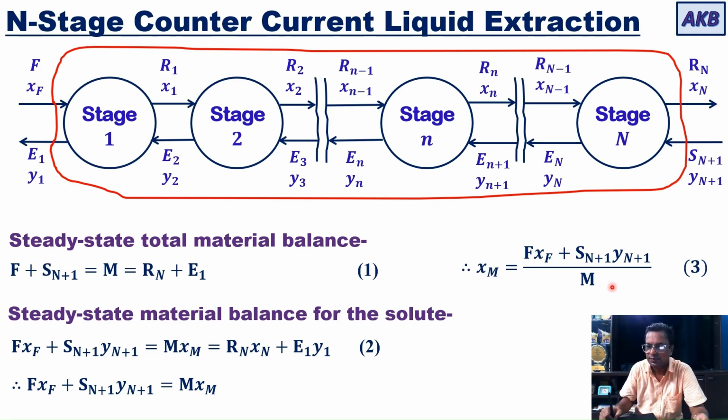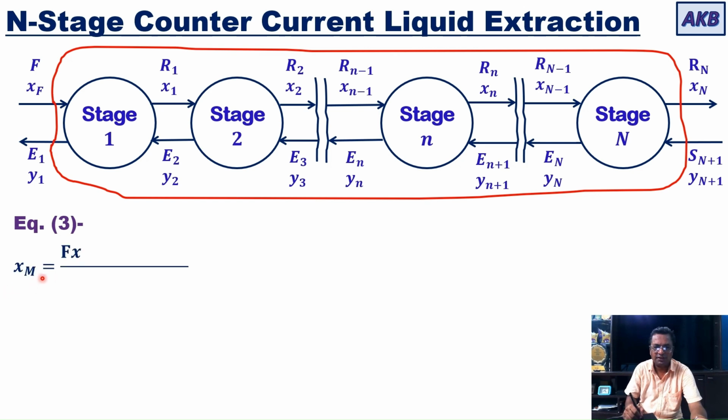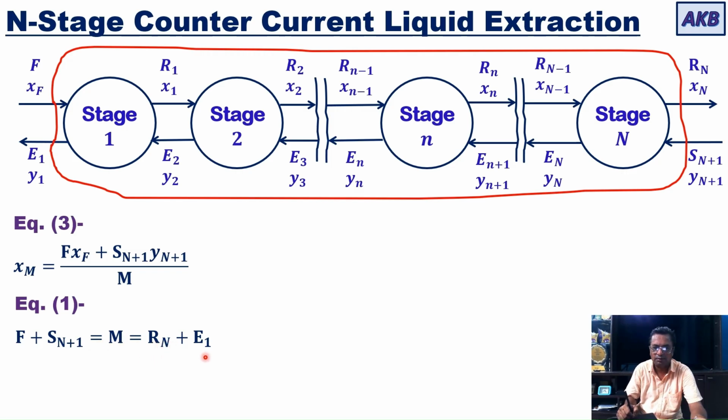So from the steady state material balance for the solute, I am getting the equation for Xm and calling it equation number 3. Now I will use equation number 1 to replace M with F plus Sn plus 1, because M, as per equation number 1, is equal to F plus Sn plus 1, that is equal to Rn plus E1.